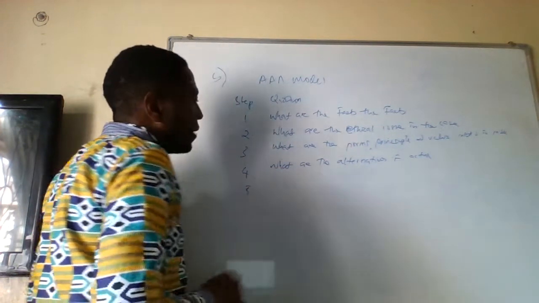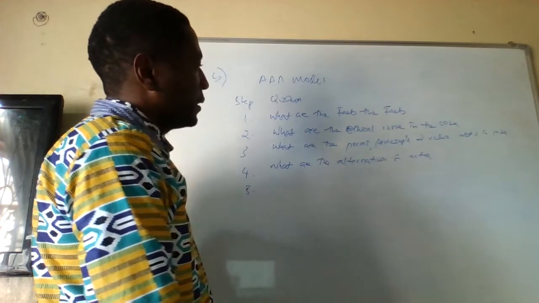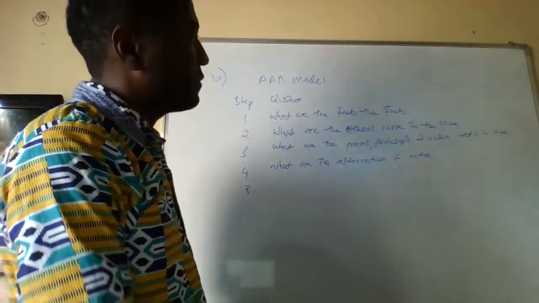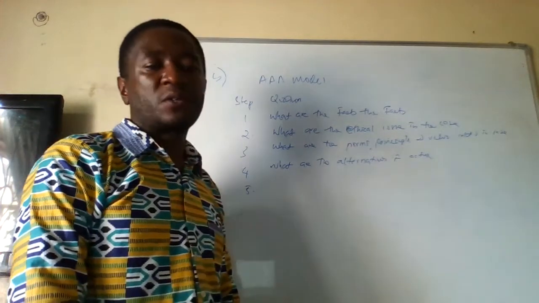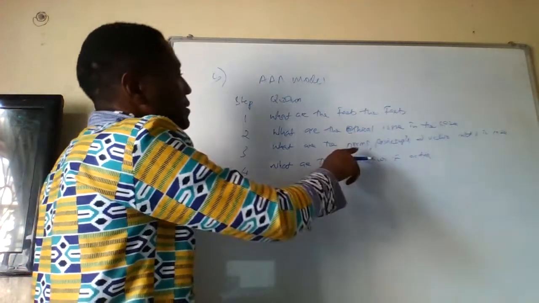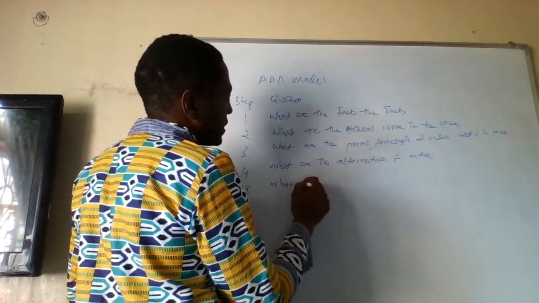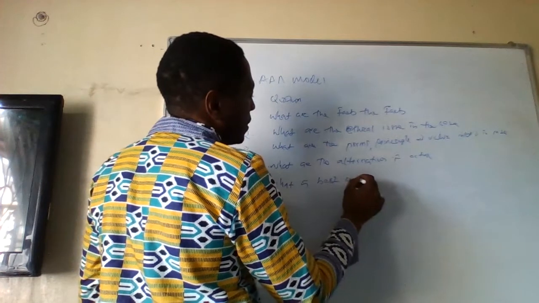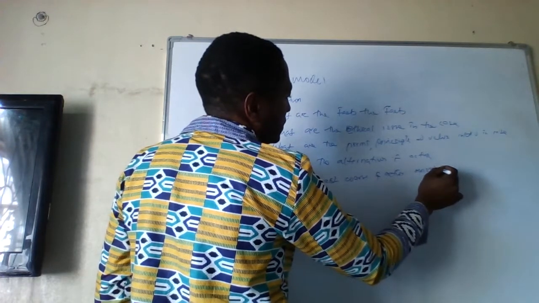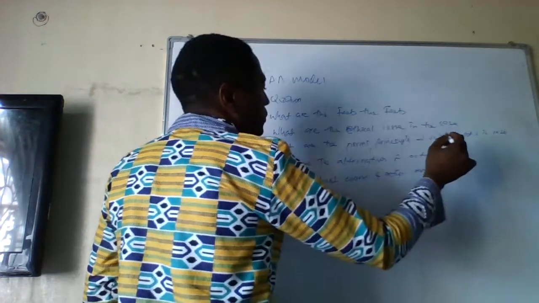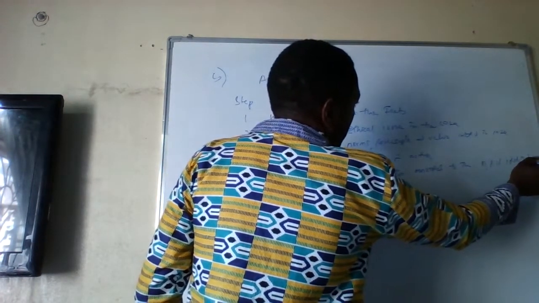In step 5, what is the best course of action that is consistent with the norms, the principles, and values that are identified in step number 3?